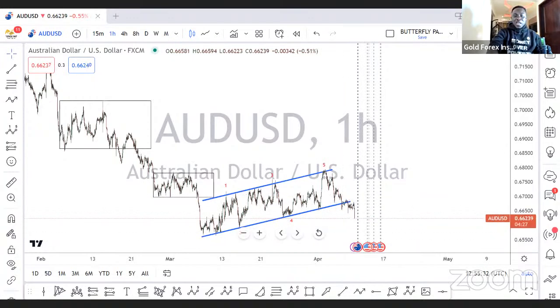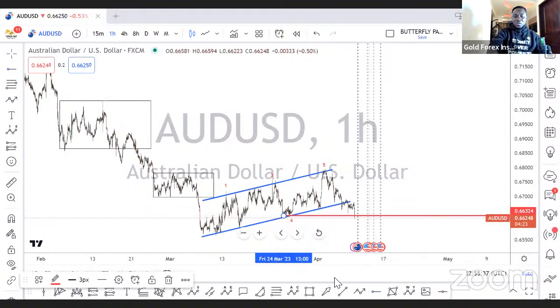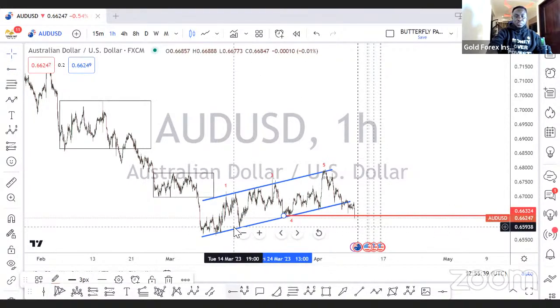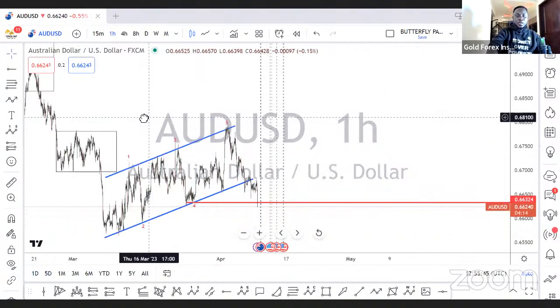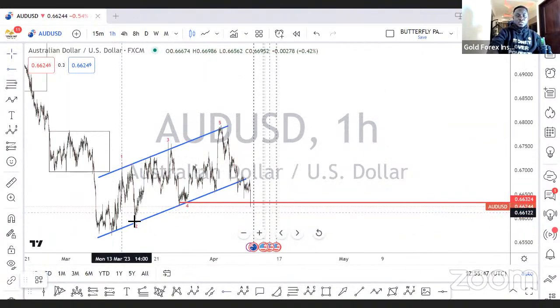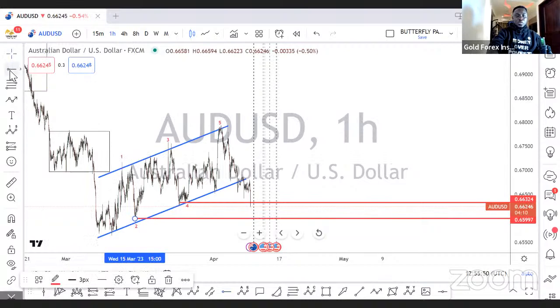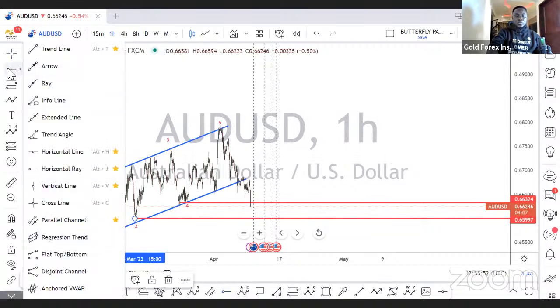Now, what you can do is that you'll be marking, if you're a day trader, you'll be marking this zone, which it has already hit. Your next zone will be this zone.